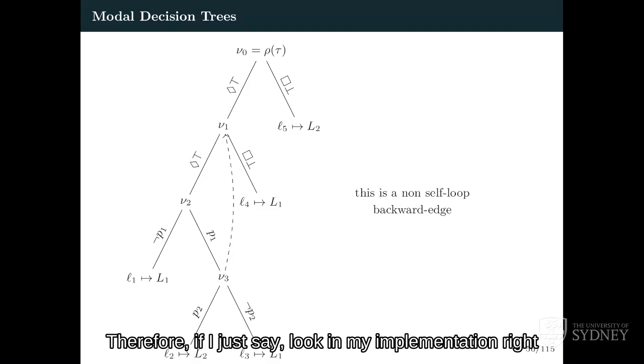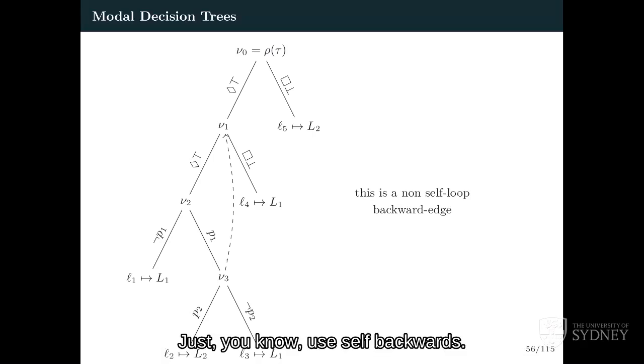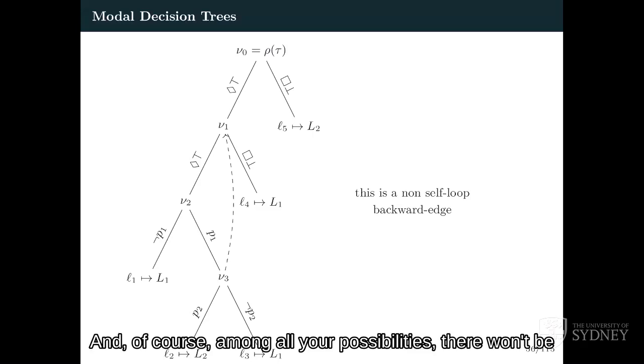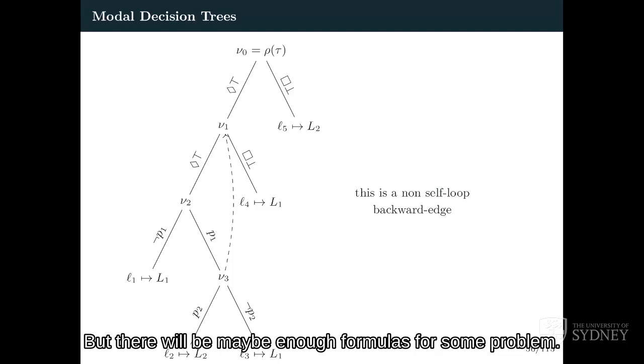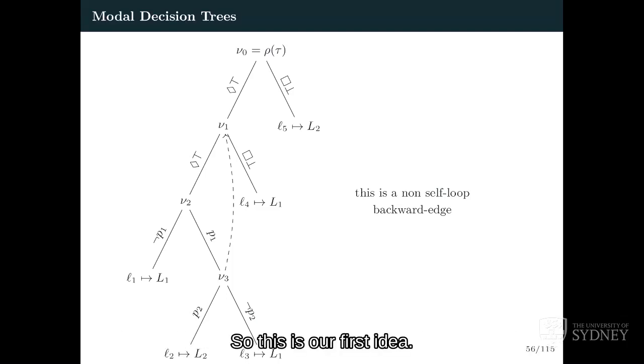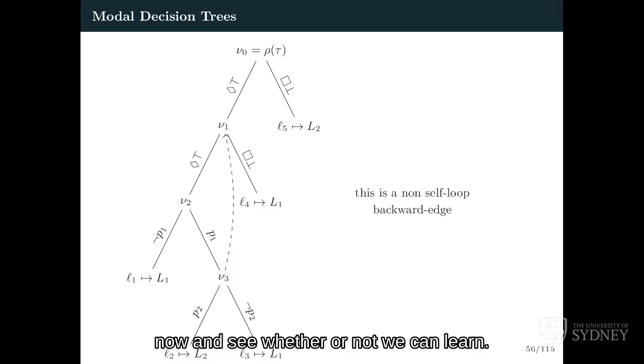Therefore, I can say, in my implementation right now, don't look for all possible backward edges, just use self-backward edges. Of course, among all your possibilities, there won't be the entire range of formulas, but there will be maybe enough formulas for some problem. So this is our first idea. Let's say we don't use backward edges just for now, and see whether we can still learn. What about forward edges?